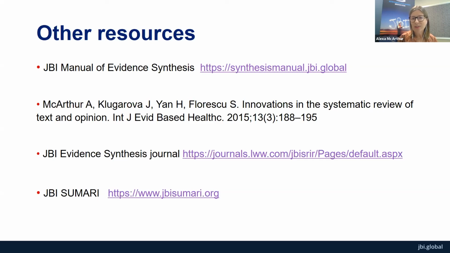So it's all conducted within JBI SUMARI, and it's still a work in progress. We're also trying to establish some certainty or confidence in the findings, which is an interesting area, and we're looking at what GRADE has been doing in this area as well and wanting to follow their guidance. So that's still an ongoing issue.